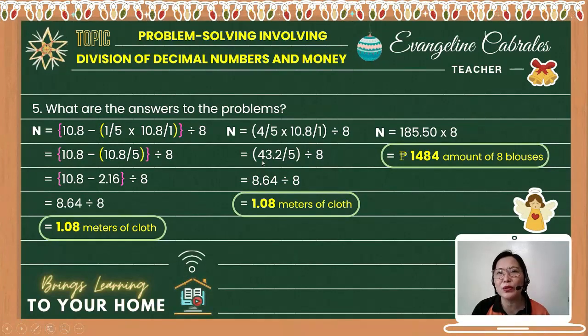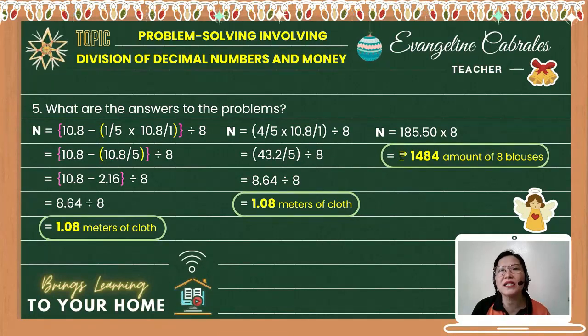Paano masasabing multi-step non-routine? Hindi lamang isa ang solution. Pwedeng dalawa, pwedeng tatlo, provided na they will arrive at the same answer. Non-routine ha, multi-step non-routine dahil higit pa sa isa ang solution na pwedeng gawin.